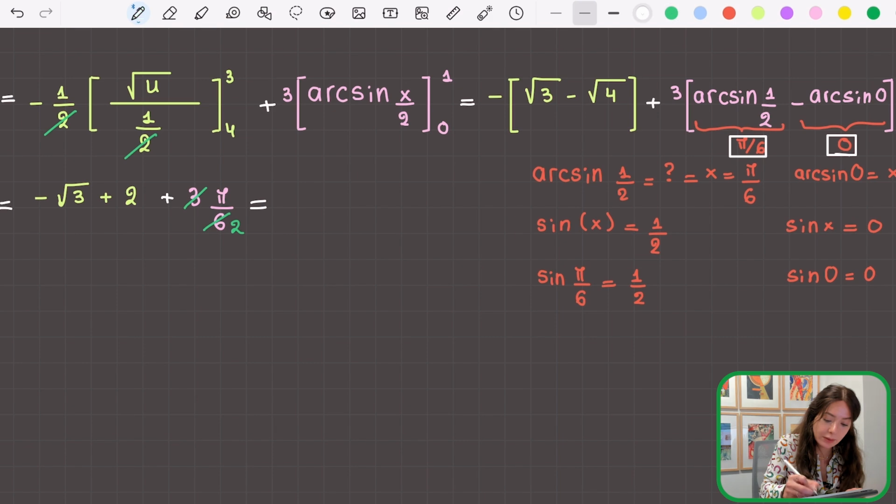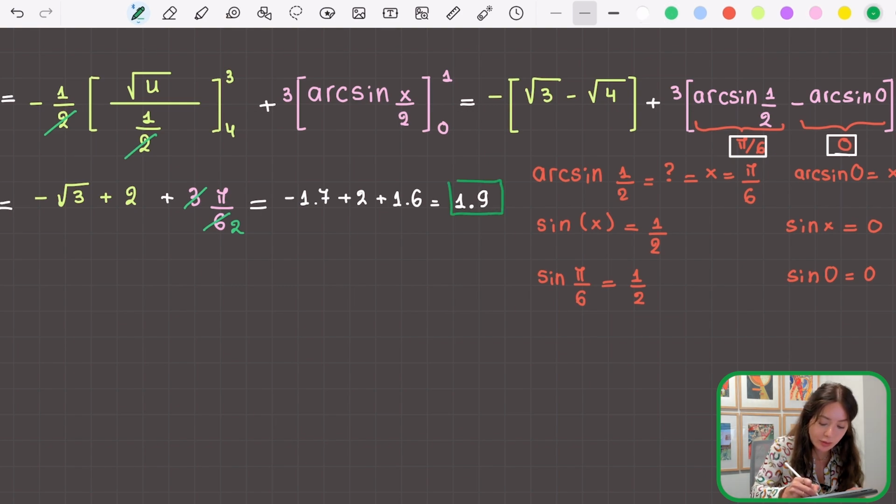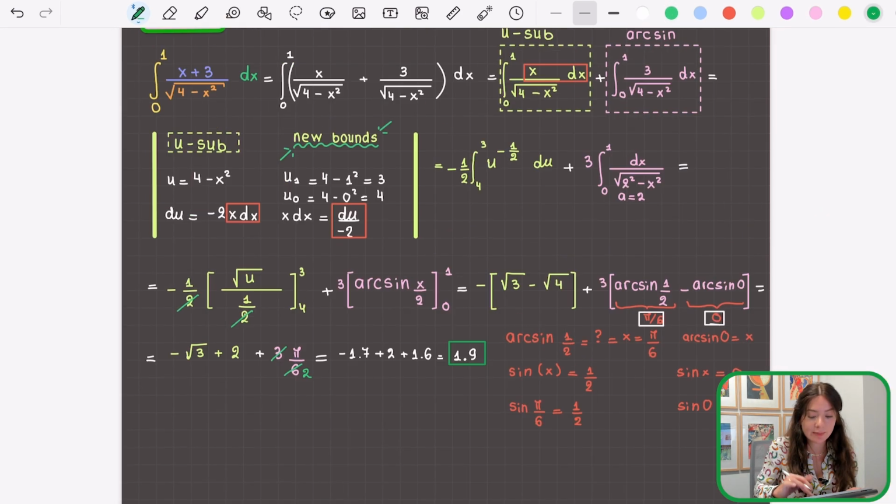Okay, these get canceled. Okay, negative square root of 3, that's around negative 1.7 plus 2 plus 1.57, 1.6. Okay, that's actually 1.9. That's the final answer. Look how close, we estimated it exactly.